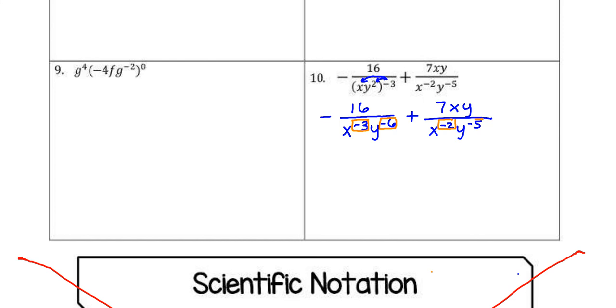I see 4 negative exponents, all of which will be moving up. So my new problem is going to look like negative 16 x cubed y to the 6th plus 7xy, because that's what we have written. And then we're bringing up the x squared and up the y to the 5th.